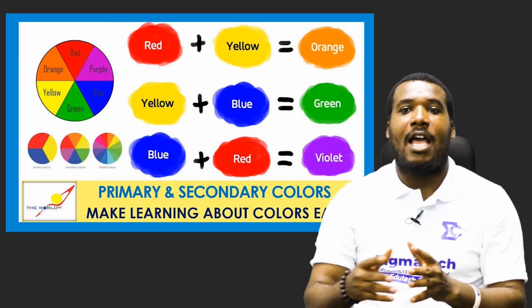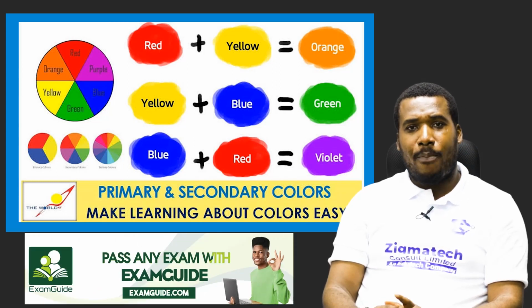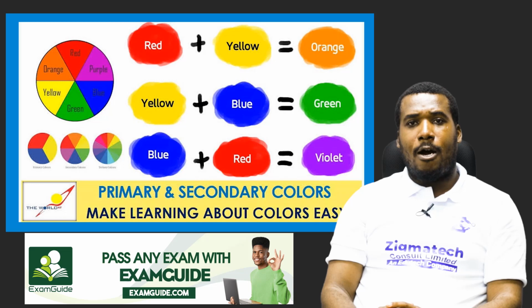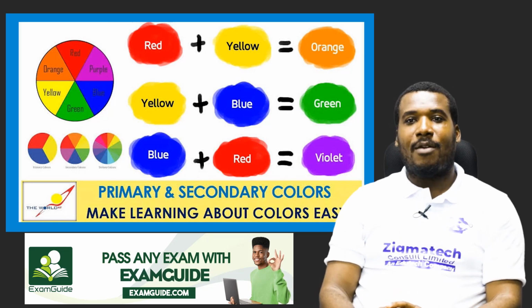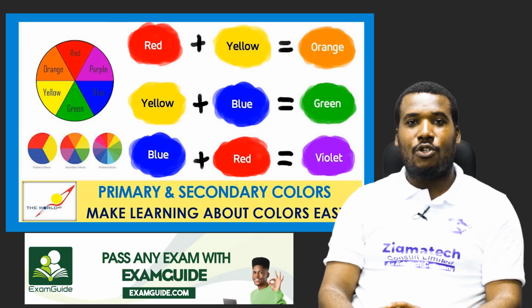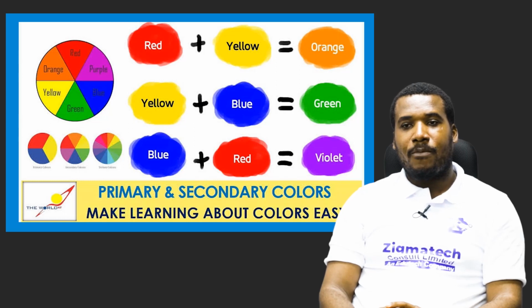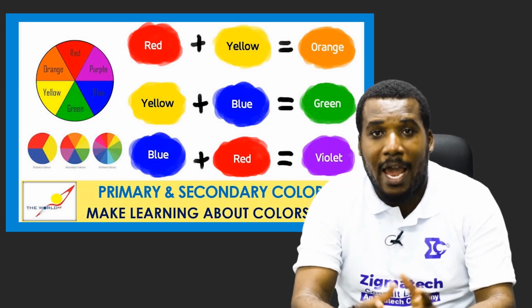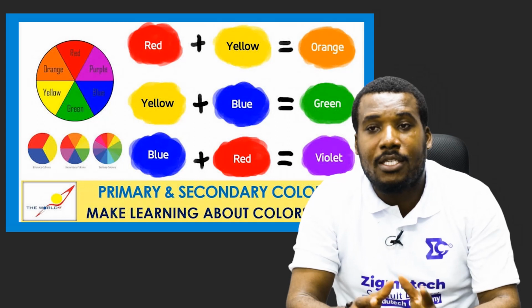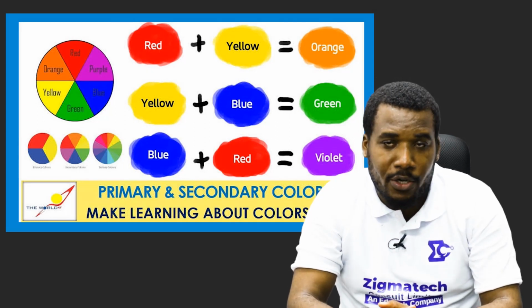Now if you remember last time when we were discussing the components of light colors, we talked about seven basic colors, the visible colors that show in our sky as the rainbow. Now these colors are based off the ones we have mentioned here.